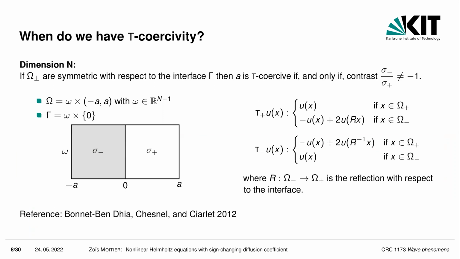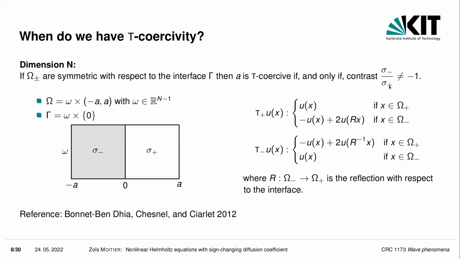For example, in any dimension, if your domain, or at least omega plus or minus, is symmetrical with respect to the interface, for example the square, then we know that the operator is T-coercive if and only if the contrast, which is sigma minus divided by sigma plus, is different from -1.